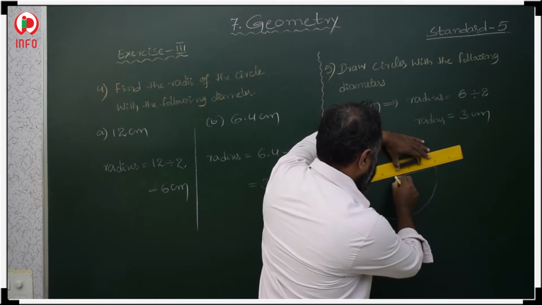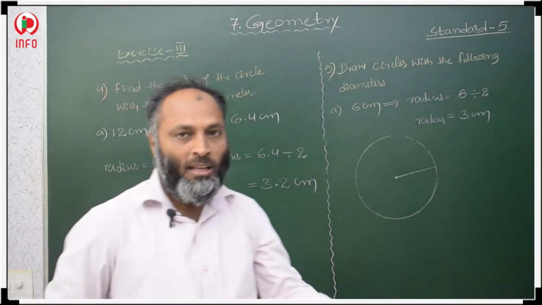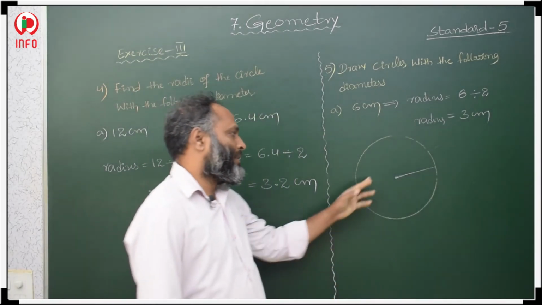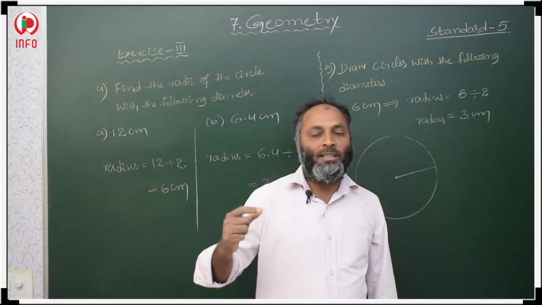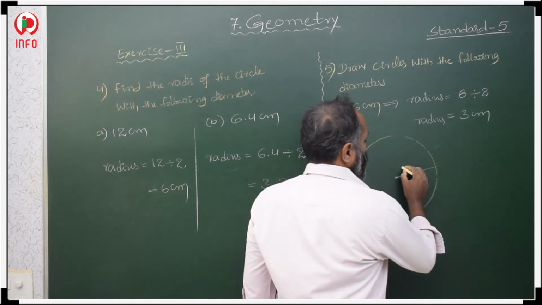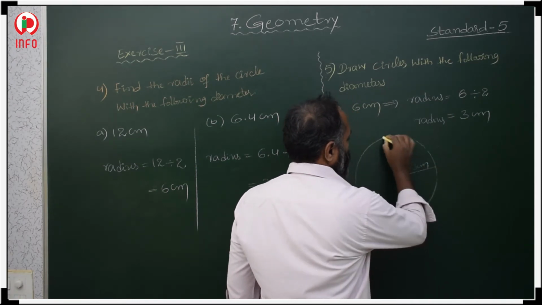That's why I took a scale here. I took 1 centimeter as 5 centimeters and constructed here. In your book, you have to construct by taking 3 centimeters on the scale. Okay, so this is the radius of 3 centimeters, in this way.